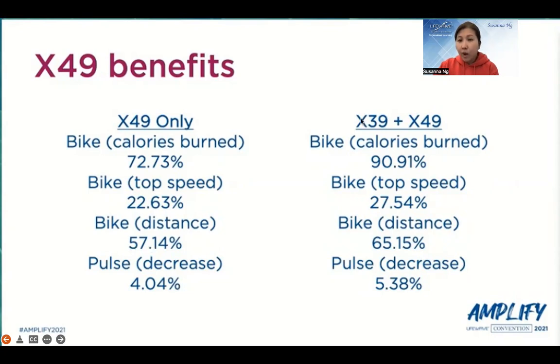So once combined with X39 and X49 used together, the calorie burn, you can see, is a dramatic change, up to 90.91%. And the bike top speed can extend to 27.54%, and the bike distance also increased 65.15%, and the pulse decreased 5.38%.